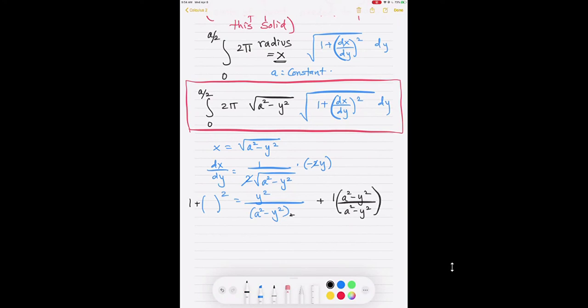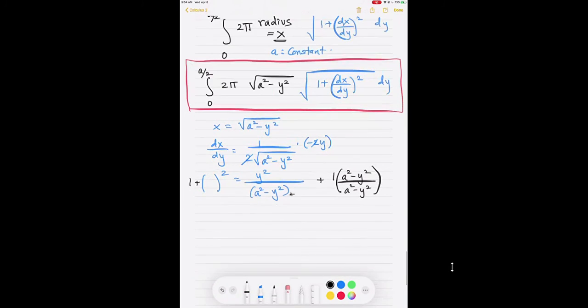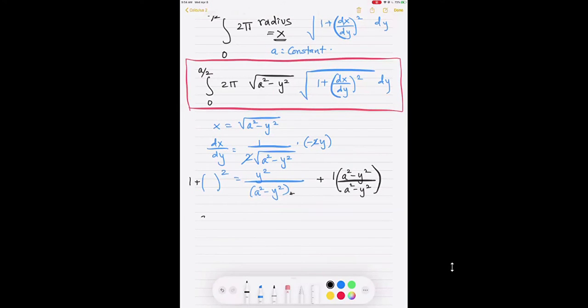So I don't have to do too much algebra. And so this dx over dy squared plus 1 turns out to be y squared plus a squared minus y squared over a squared minus y squared. So that will just be a squared over a squared minus y squared.